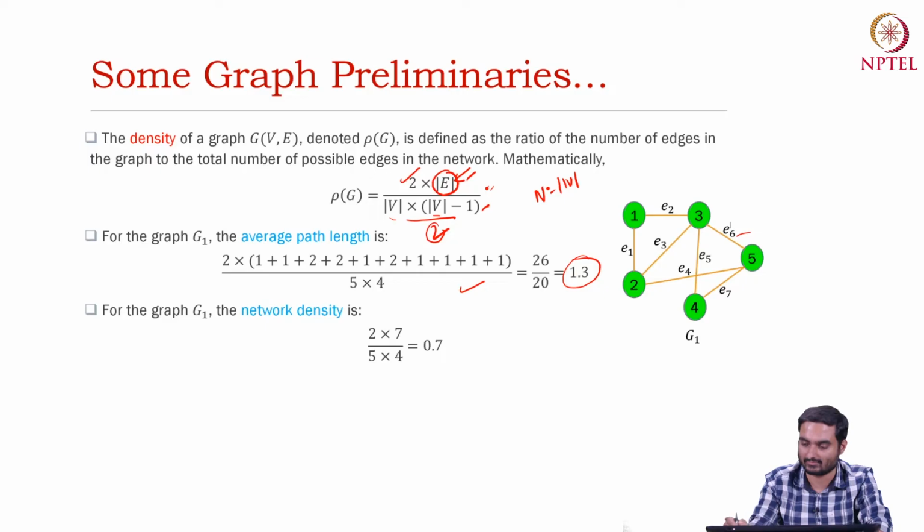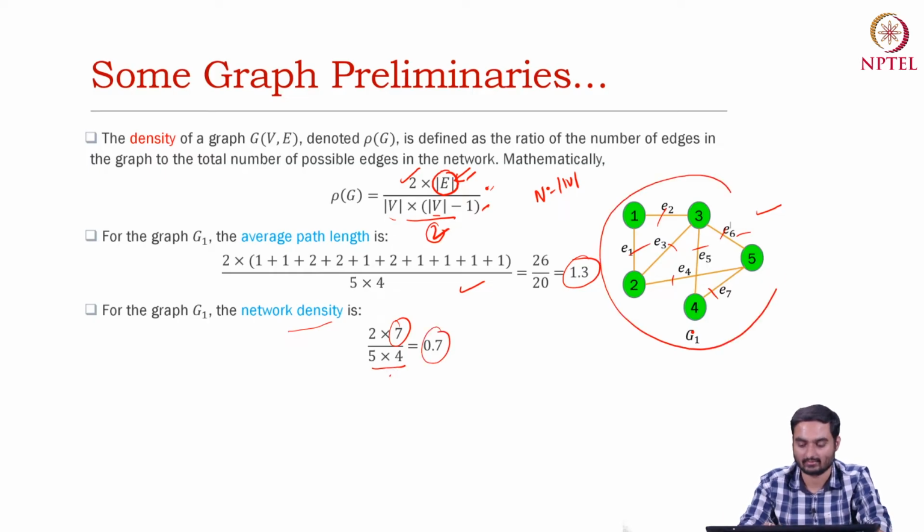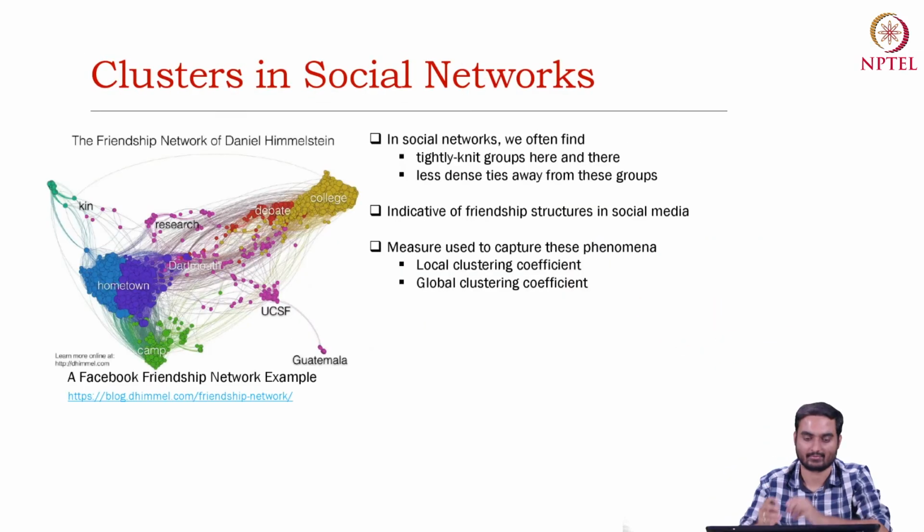The average path length for this particular graph is shown as 1.3, and for network density, if you look at this one, there are 7 edges, and there are 5 nodes, so 5 times 4 by 2. This is 0.7. This is a very well connected graph, okay?